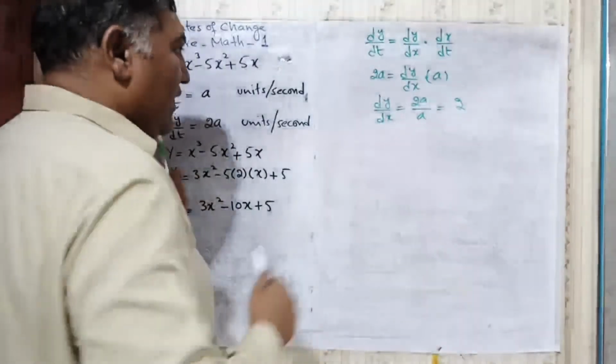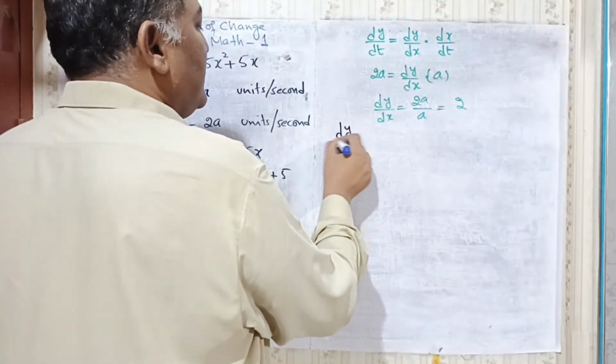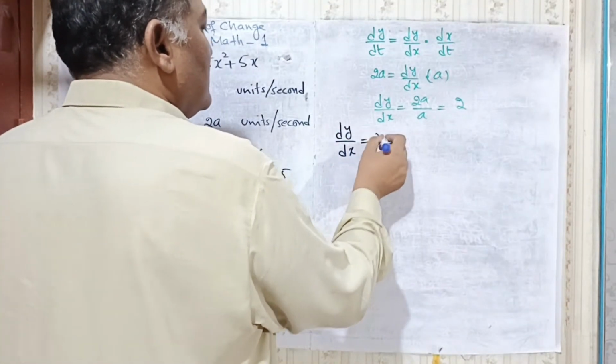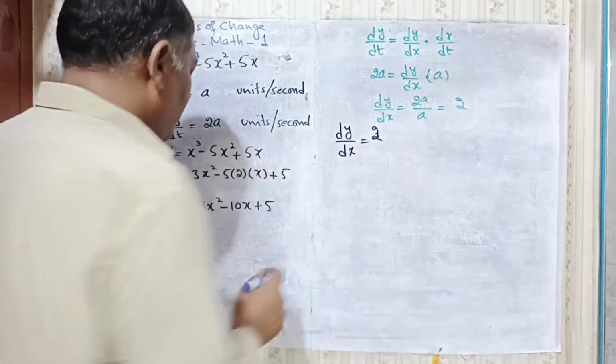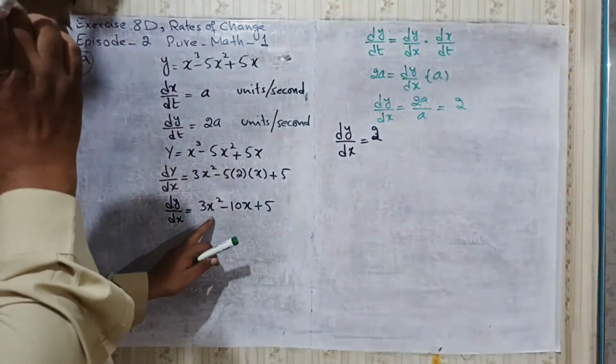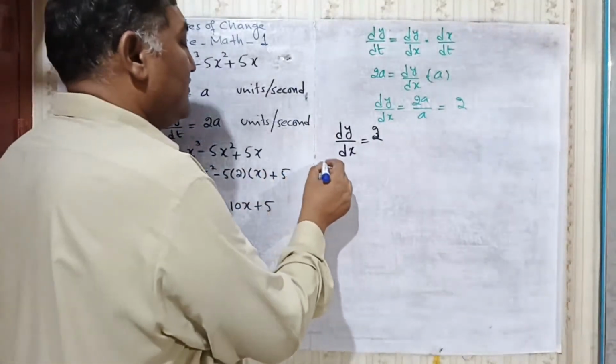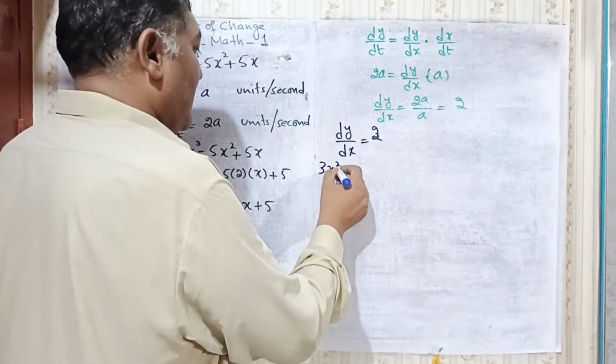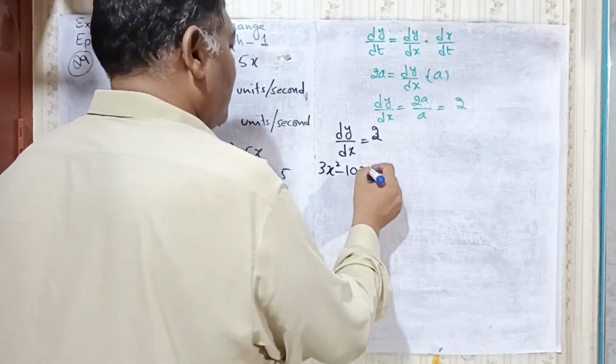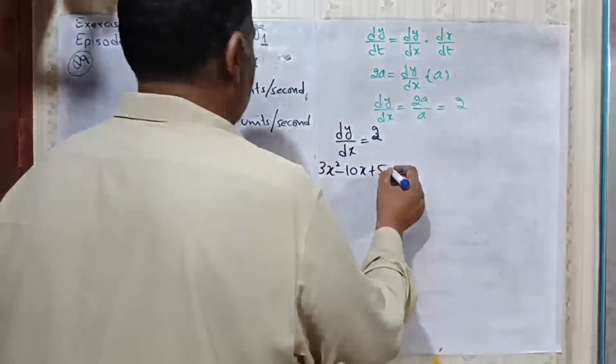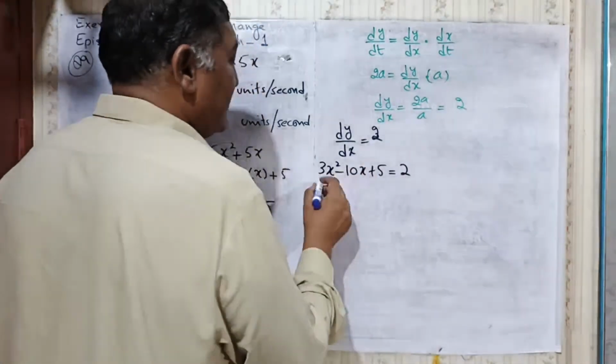So now I know that dy by dx is equal to 2. Just bring the expression: 3x squared minus 10x plus 5 is equal to 2.